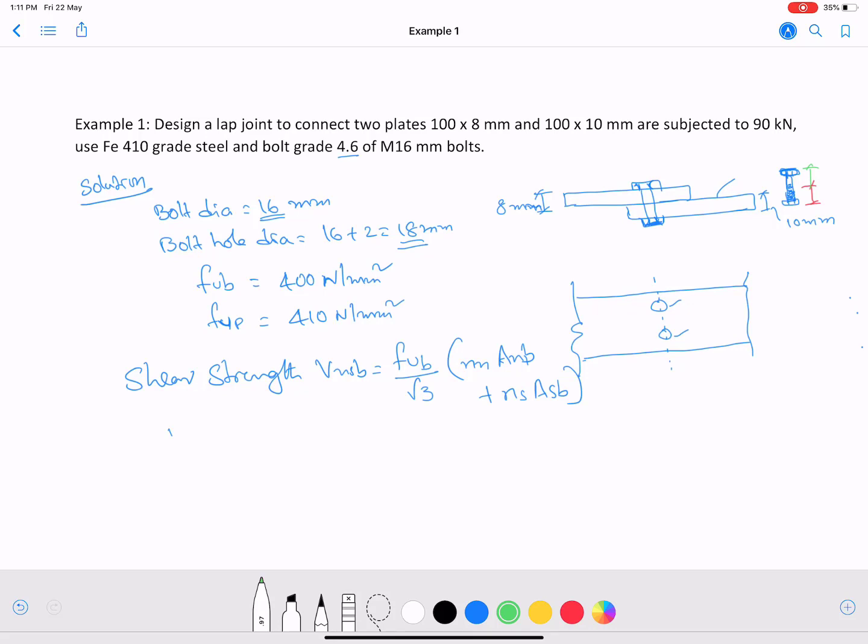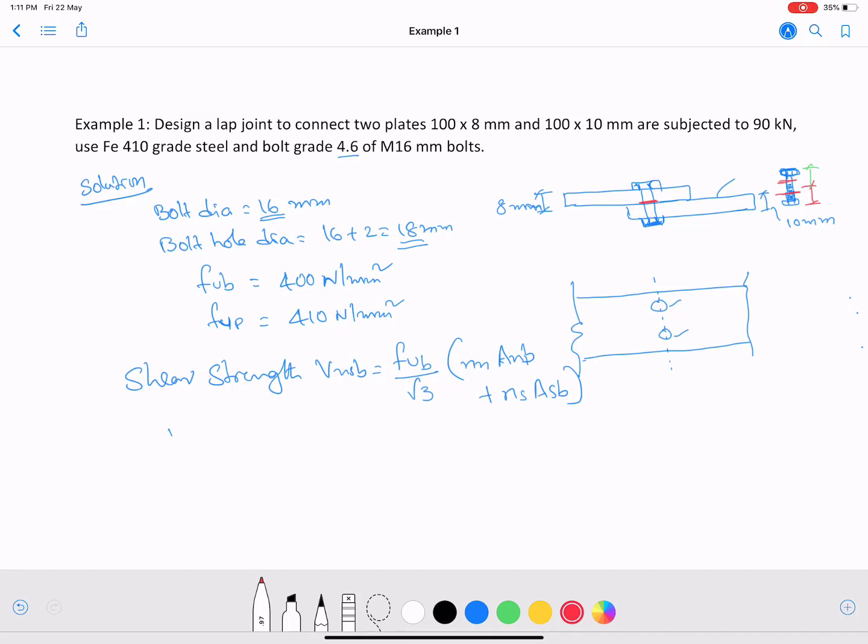So now we have to see exactly where the bolt is going to fail in shear. If this 10 mm thickness fails at the threaded portion, then we have to take the net area of the bolt. If it is failing over this portion, we have to take the gross area of the bolt. But how do we know whether this bolt is going to fail in gross area or the net area?